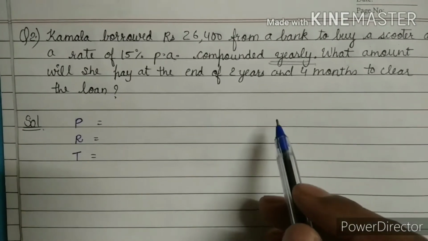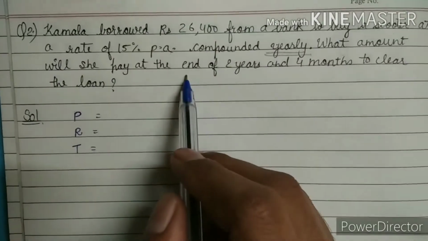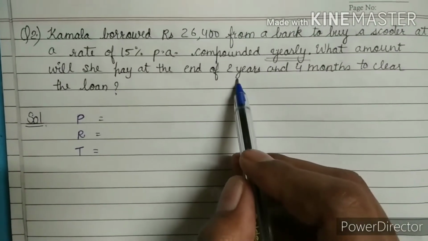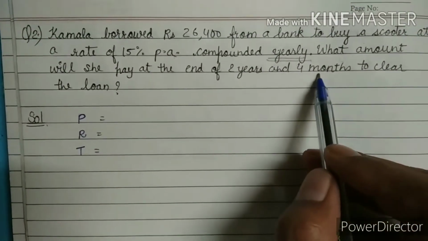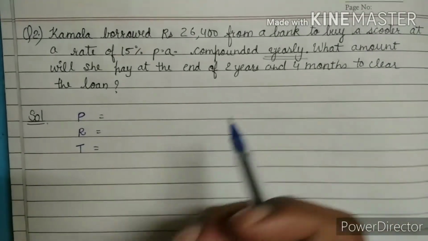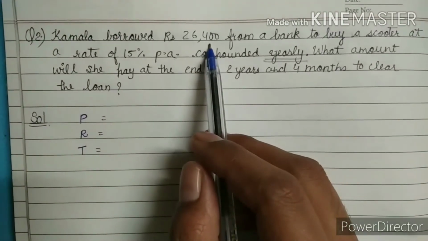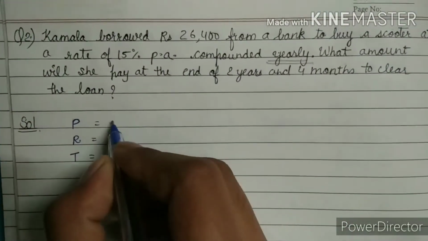What amount will she pay at the end of 2 years and 4 months to clear the loan? So Kamla has taken the loan of 26,400, so it will become our principal.